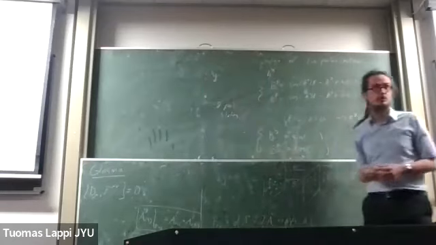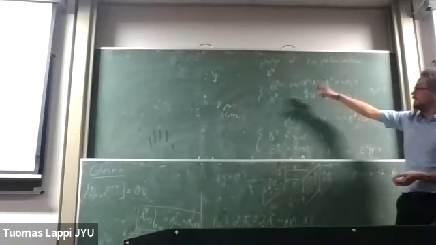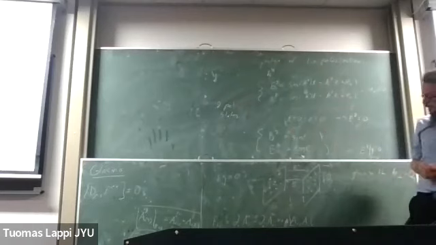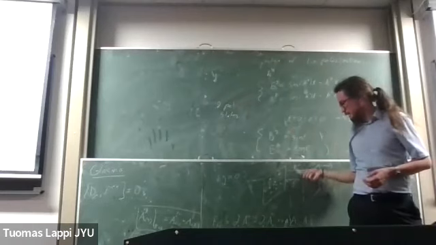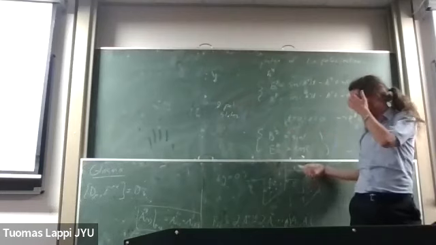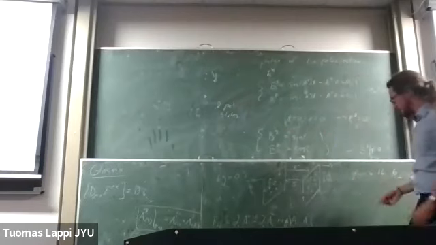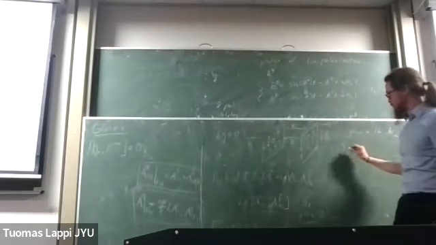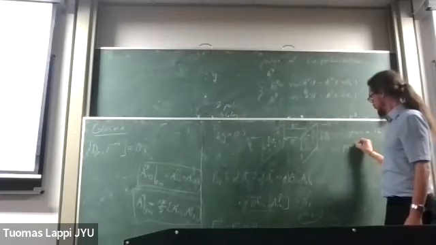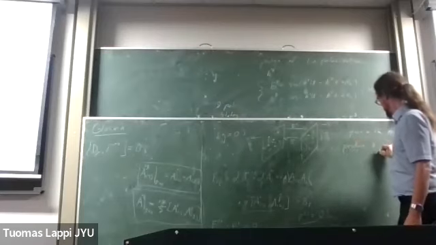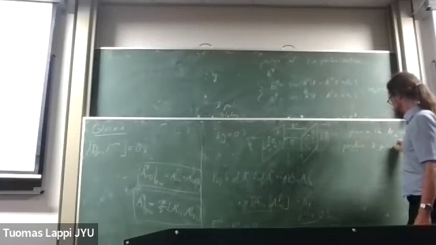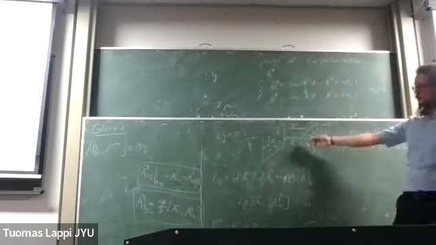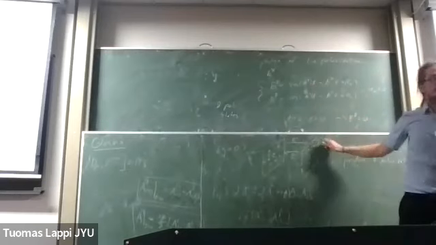You can choose the two polarization states to be, for example, such linearized polarization states. The fact that you have a chromoelectric and chromomagnetic field here means that you are producing both of these polarization states.